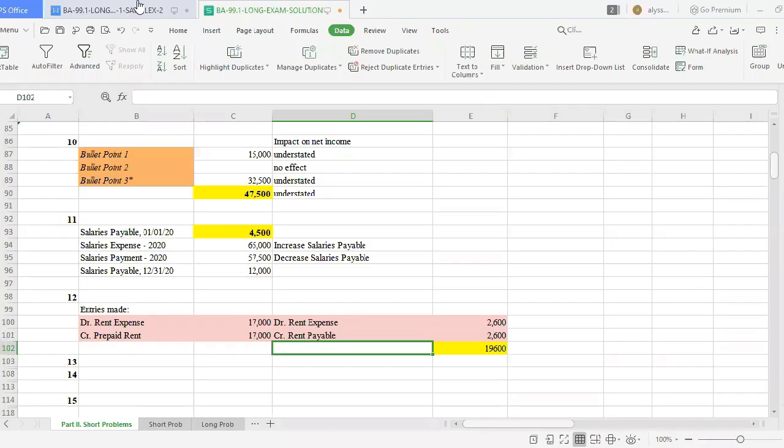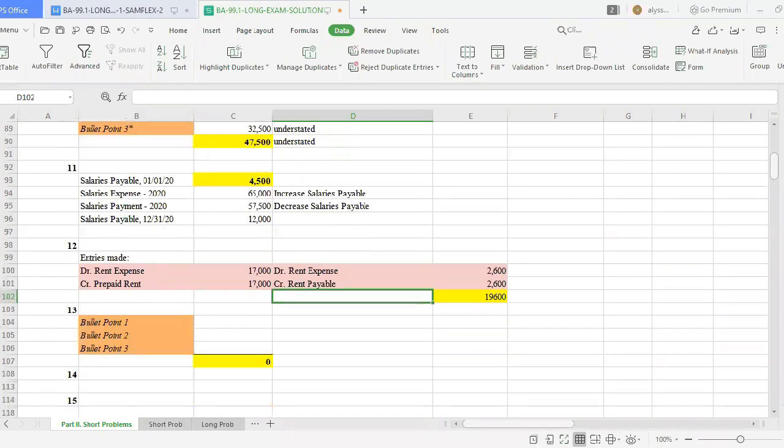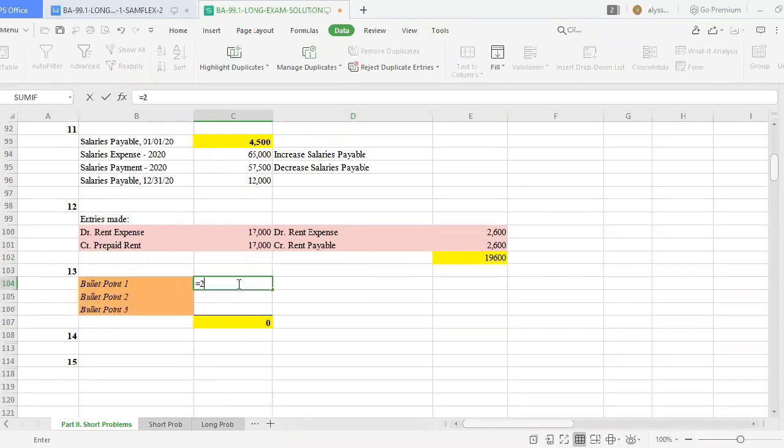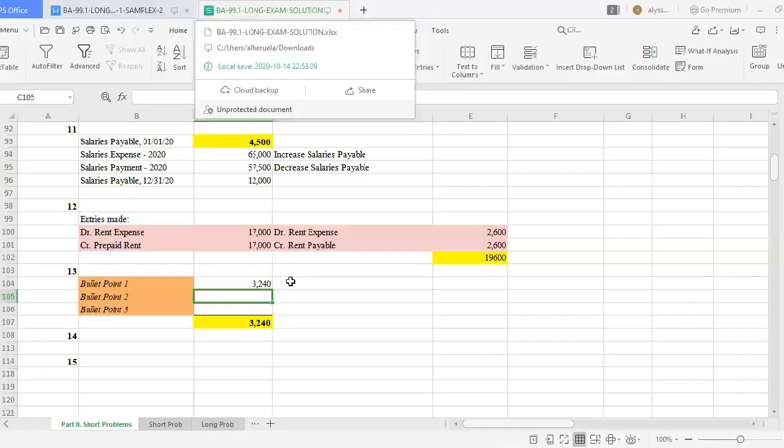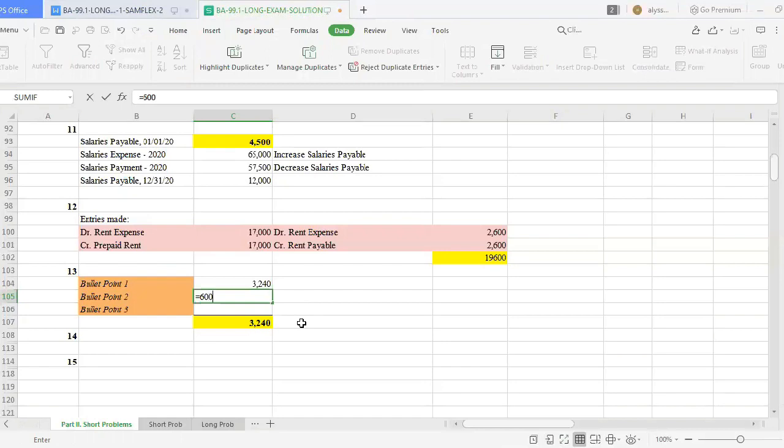So that's 2,700 divided by 5 times 2 days times 3 employees. The next, 2 employees, 6,000 per week per employee. So again, 6,000 per week, so divided by 5 times 2 days times 2 employees.